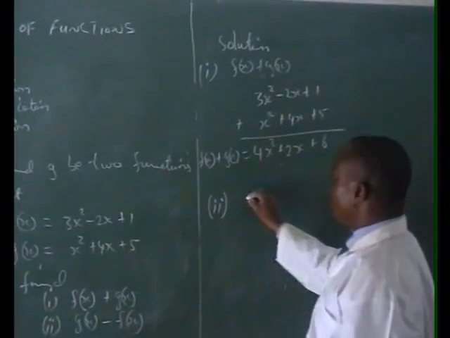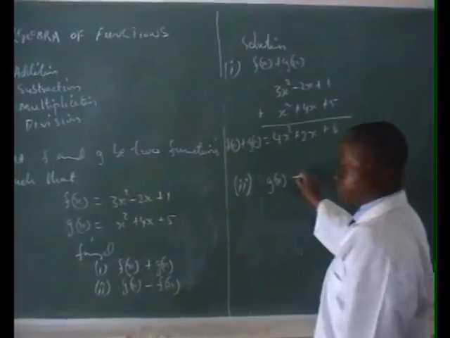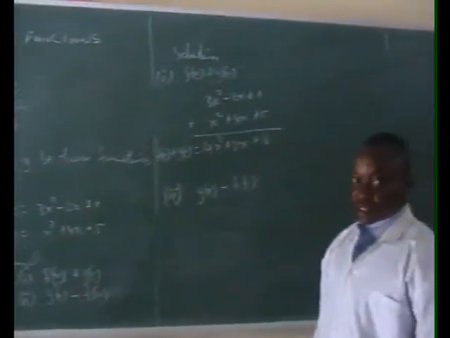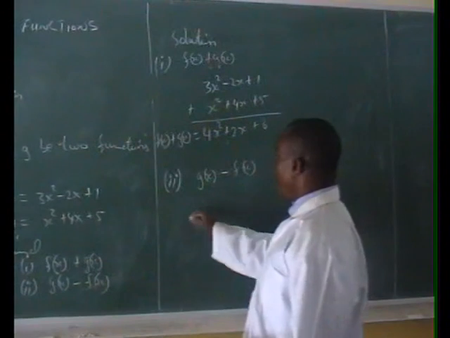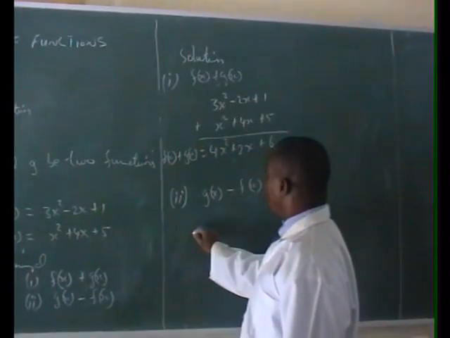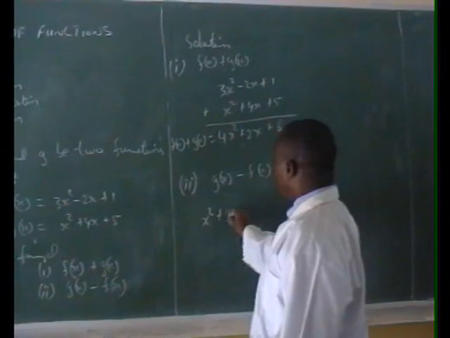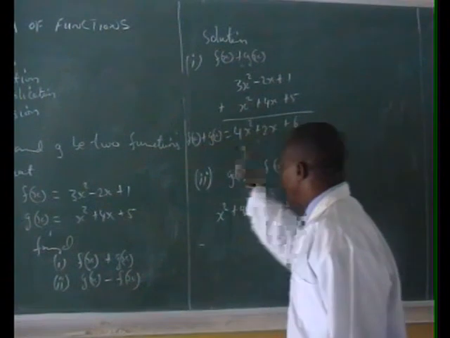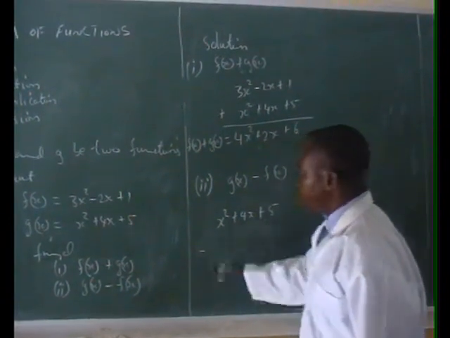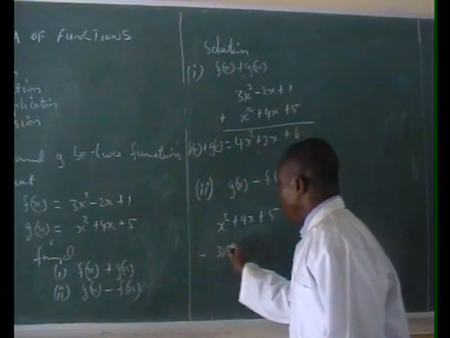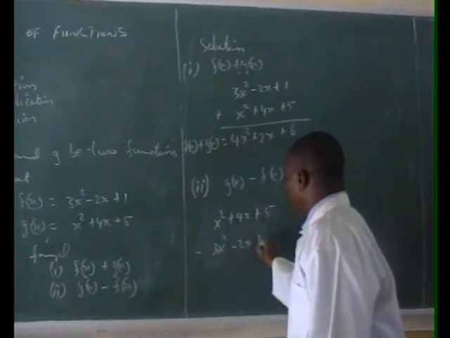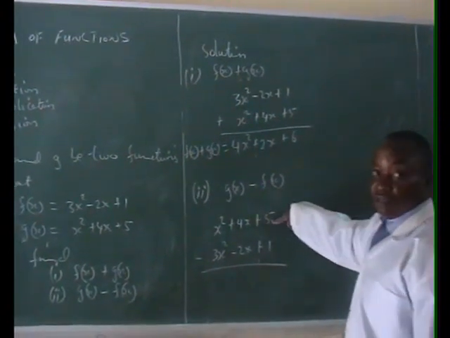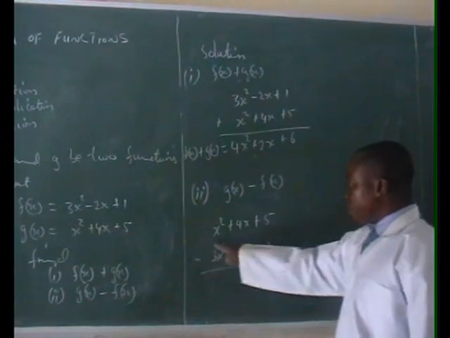So for II we have g of x minus f of x. Now this will be done in two ways. The first way I'm going to do g of x. Now g of x is x squared plus 4x plus 5 minus, I can still put it in this way, minus f of x, which is 3x squared minus 2x plus 1. Now if I do that, 5 minus, no, this minus is affecting this one.